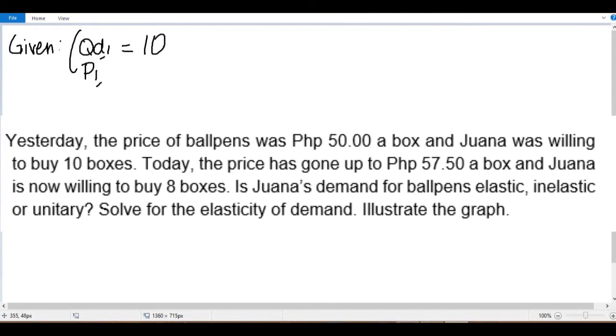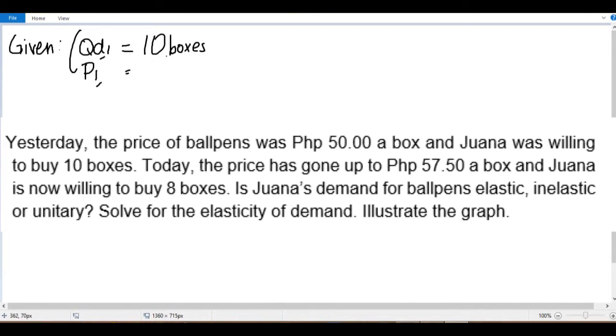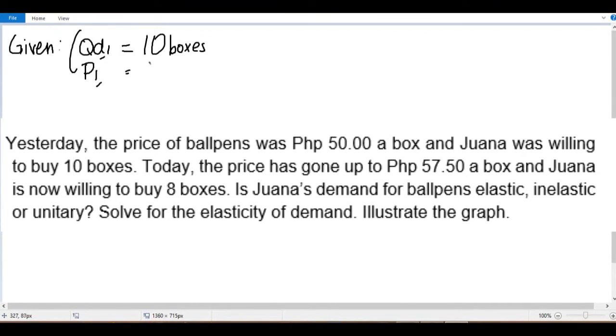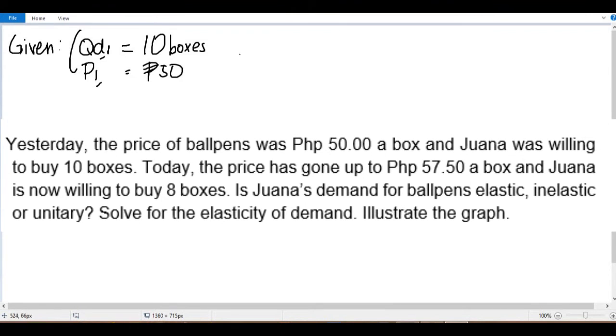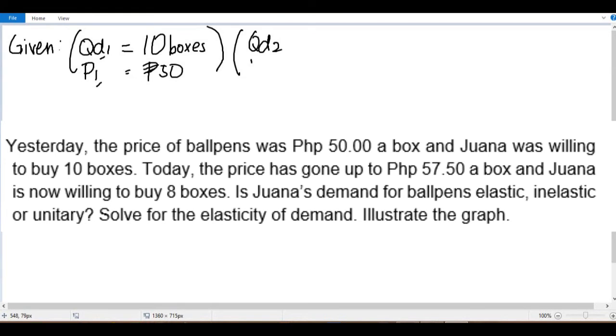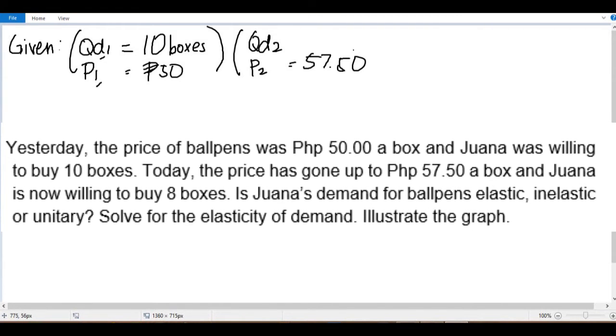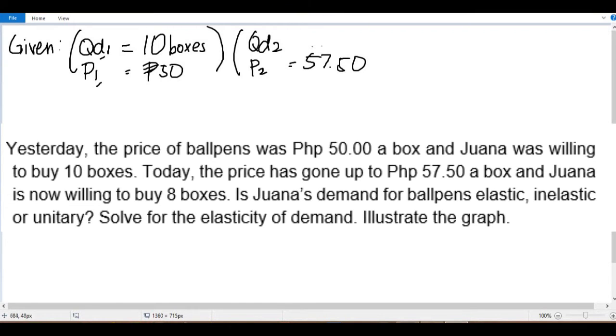Sorry sa handwriting. Sorry talaga. Okay? At 50 pesos. Okay? Then, nung binago, this is your QD2 and P2, nung naging 57.50 na lang, or nag-increase yung price, ang kaya na lang niya bilhin ay 8 boxes. Okay, so we see a gradual decrease in quantity demanded based on the givens.